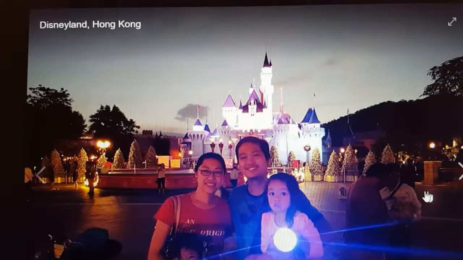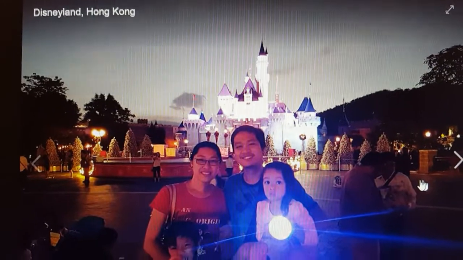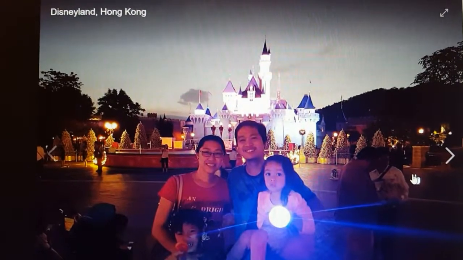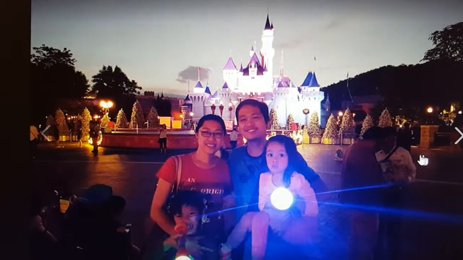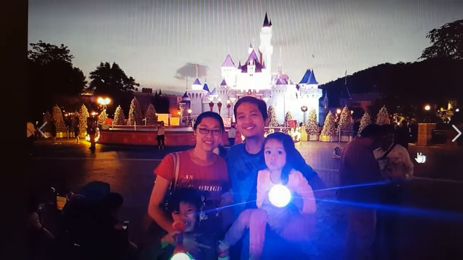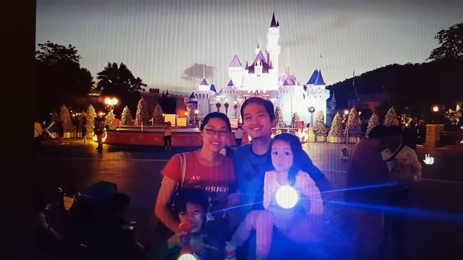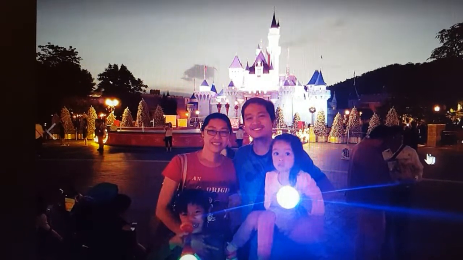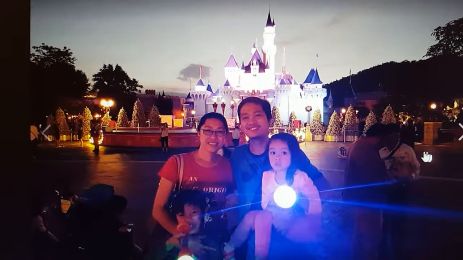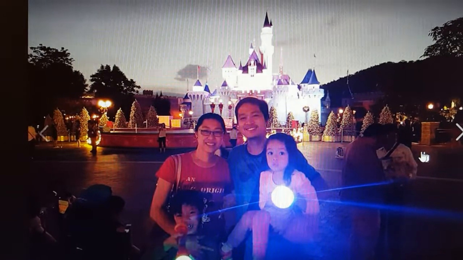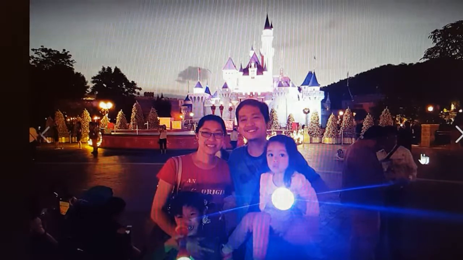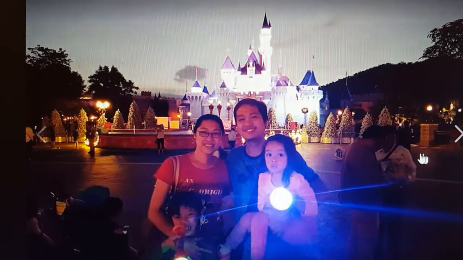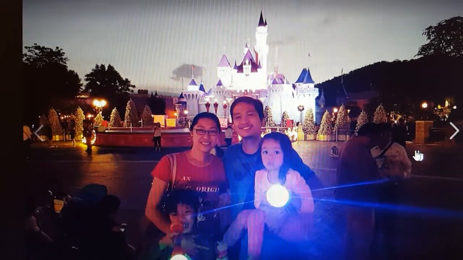Just 1 second here. Yeah, so it would be this one. So that's my family, and this was about sunset, and the Disneyland fireworks is probably about an hour or so before it starts when we were there.